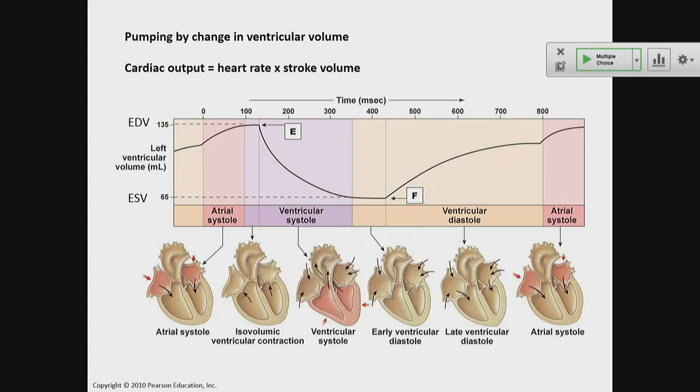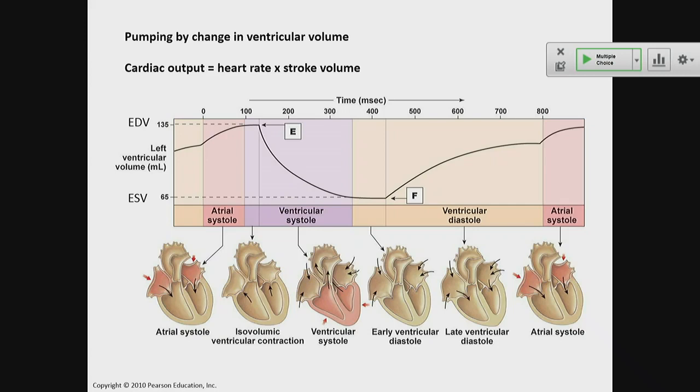Yes? So is atrial diastole occurring during ventricular systole? Yes. The atrial diastole is occurring whenever there's no atrial systole, so during this entire 900 milliseconds, the atrium would be in diastole. Yes. Do all four chambers of the heart have the same stroke volume?